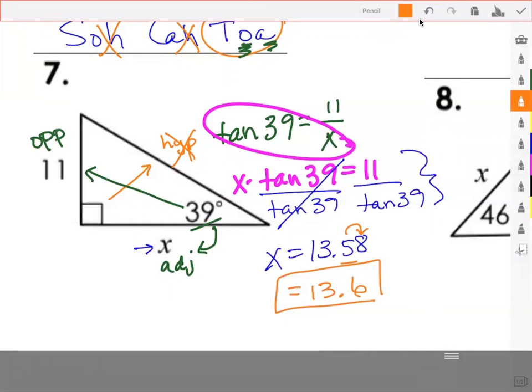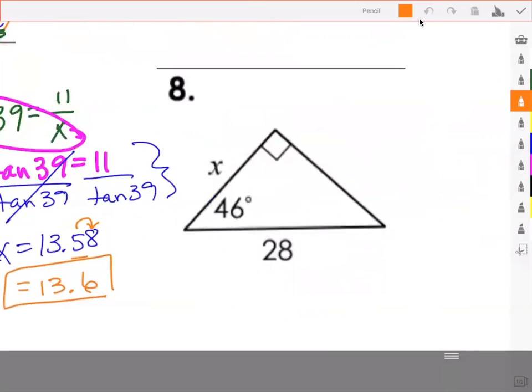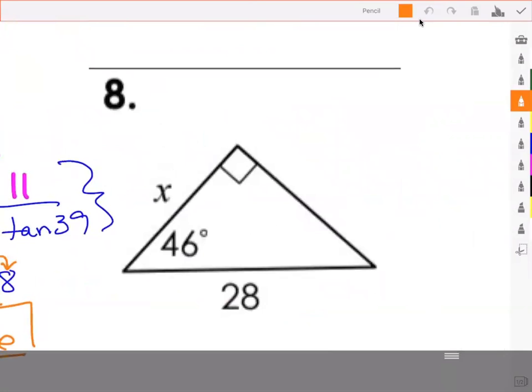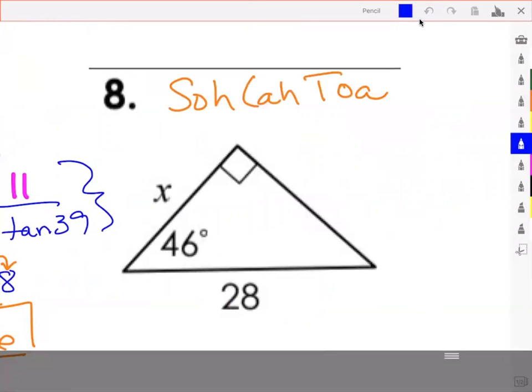Okay, would anyone like me to do one more side? Yeah. Okay. So let's look at this one. Okay, so SOHCAHTOA. Do I have opposite, adjacent, or hypotenuse?